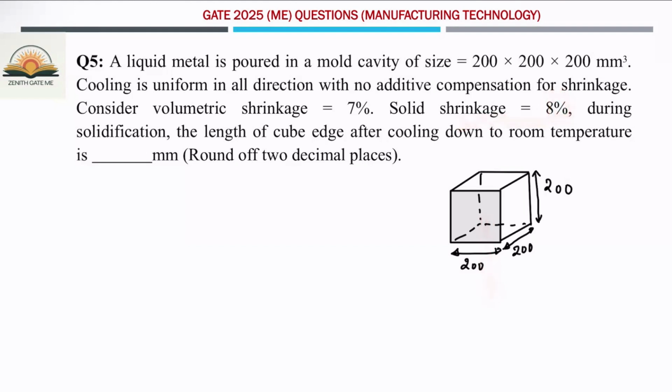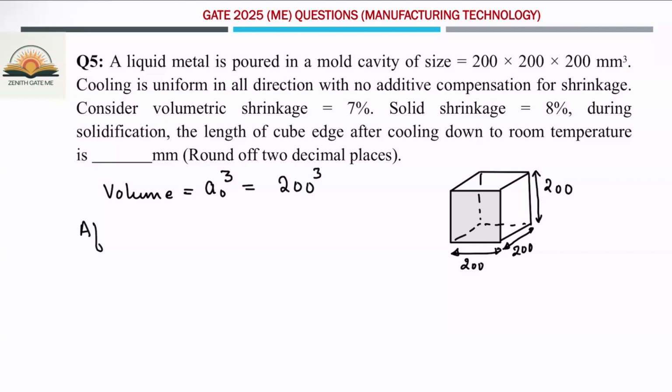So first of all, you will go step by step. When there is a volumetric shrinkage of 7%, what will be the edge length? Let us suppose the initial edge length is A naught, so volume will be A naught cube, that means 200 cube.